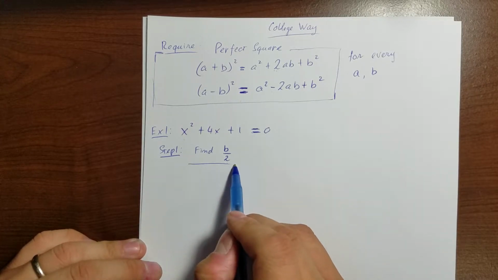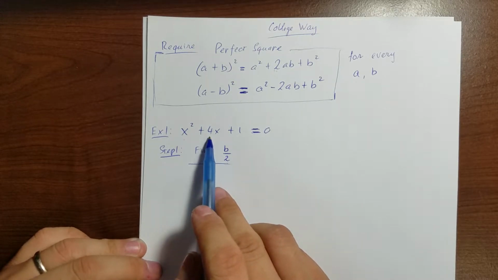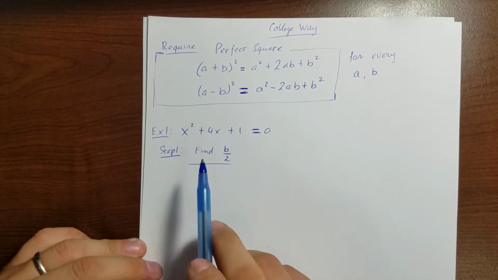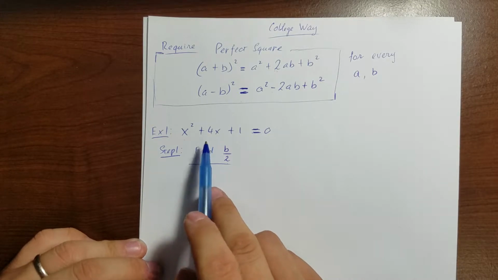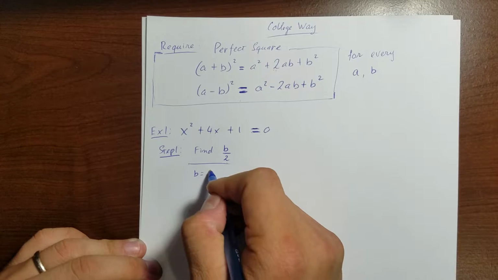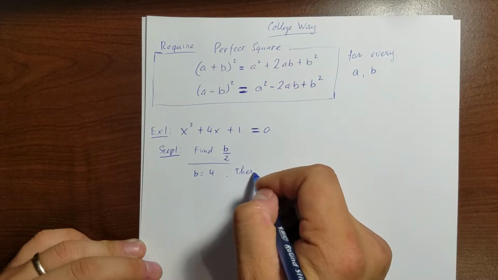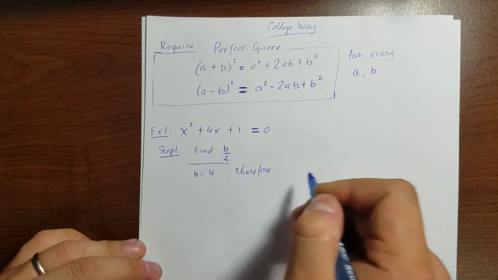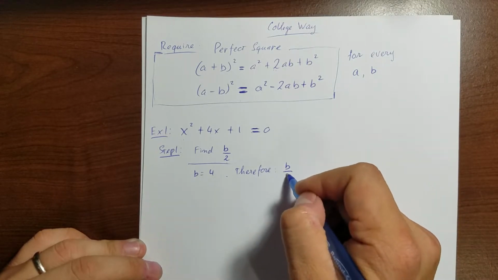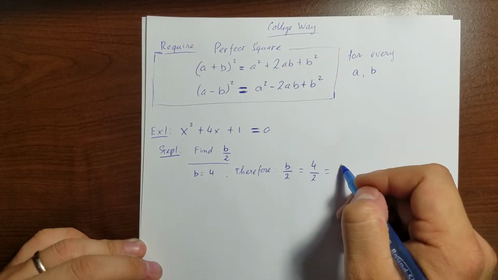But if you did not, the shortcut is that your b coefficient is always the middle one. So in this case, your b is 4. Therefore, b over 2 will equal 4 over 2, which gives you 2.